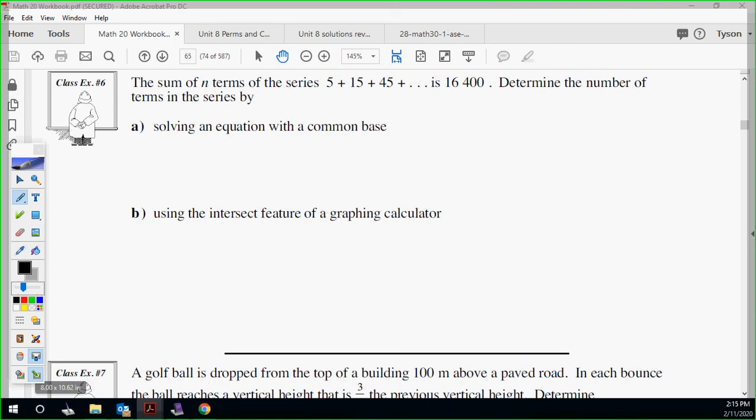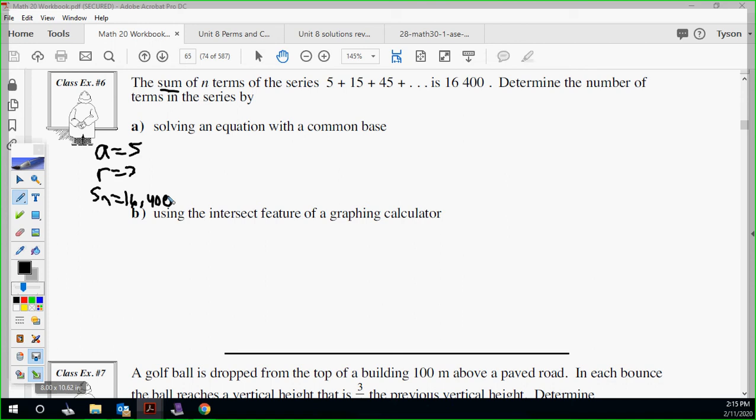Determine the number of terms in the series by solving the equation with a common base. Okay, so we're going to figure this out. First off, we have a is 5. We know its r is 3. And we know the series, because it says the sum, the S of n is 16,400. We just don't know where it's at.